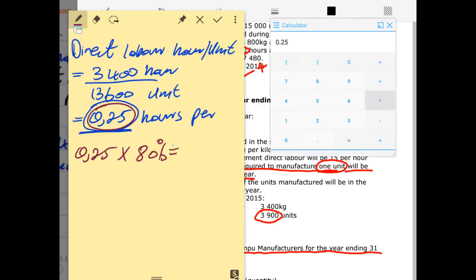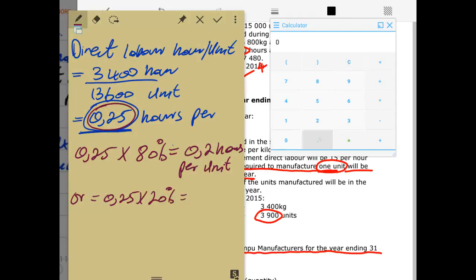We say 0.25 times 80%, and this will give us 0.2 hours per unit. Or if you want, you could have said 0.25 times 20 divided by 100, and this would be 0.05.